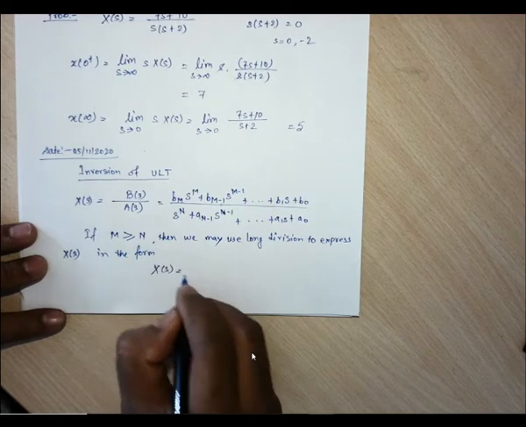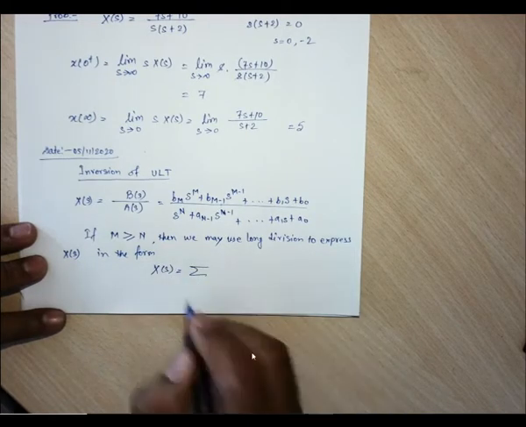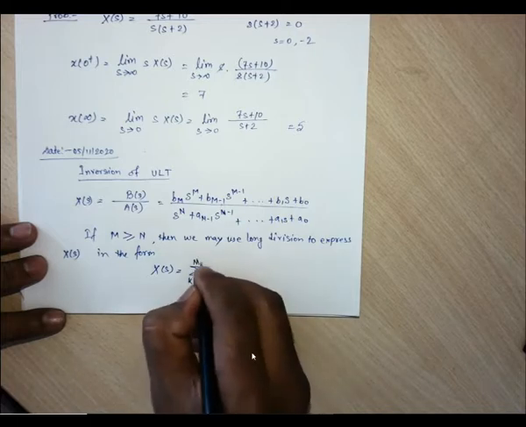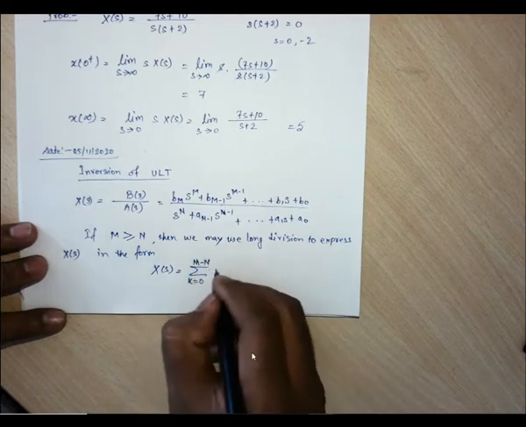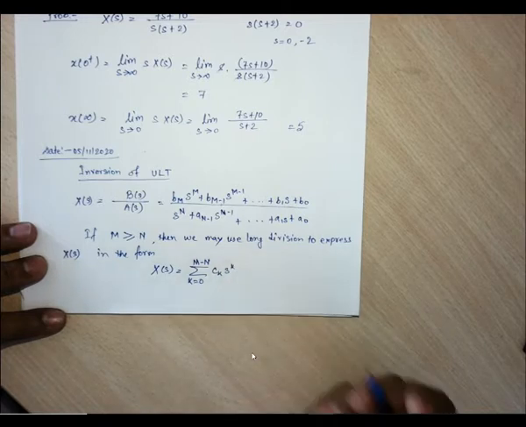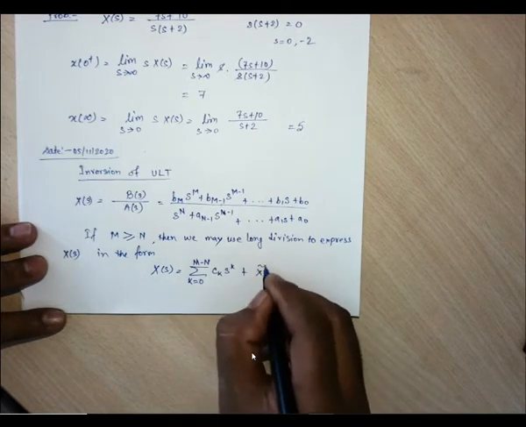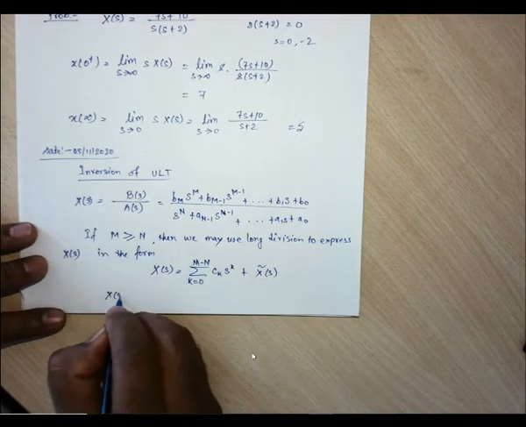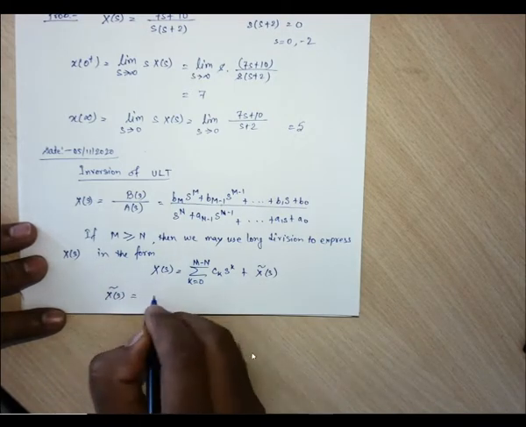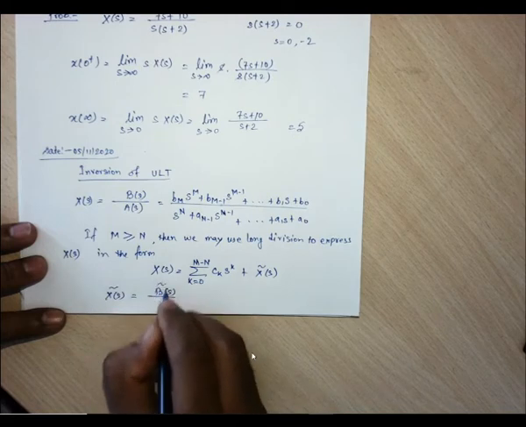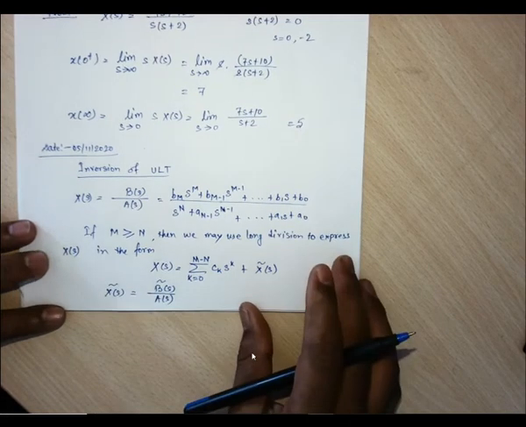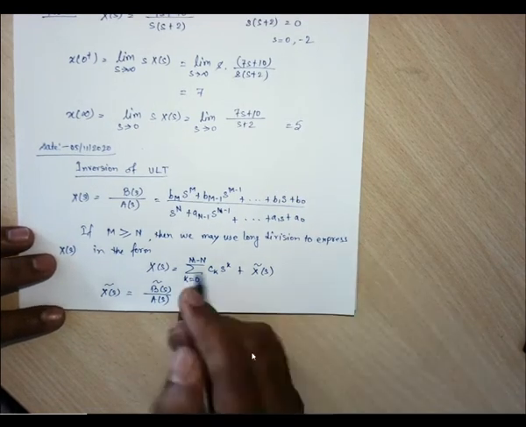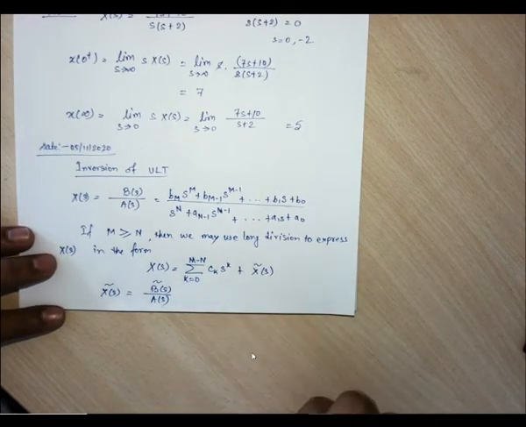X(s) equals the summation over k equals 0 to m minus n of c_k s to the power k, plus X(s), where this new X(s) is B(s) by A(s). Here the order of the new B(s) will be smaller than the order of A(s).